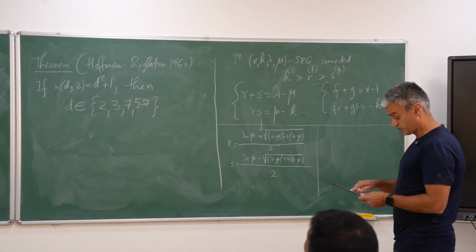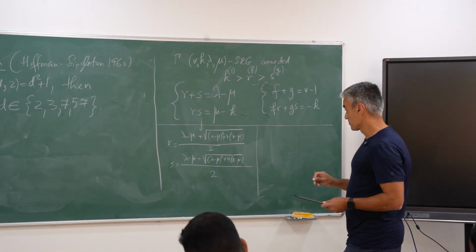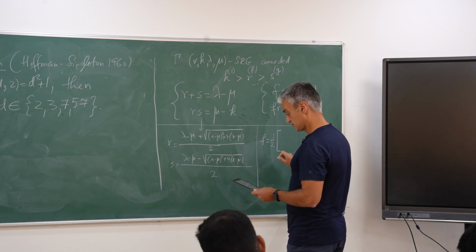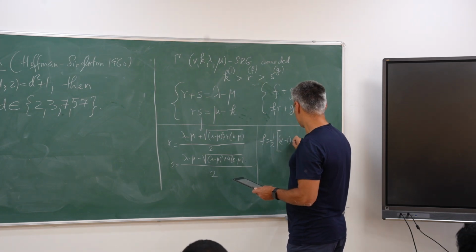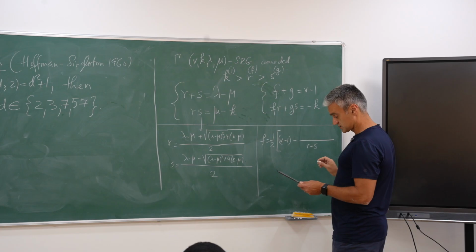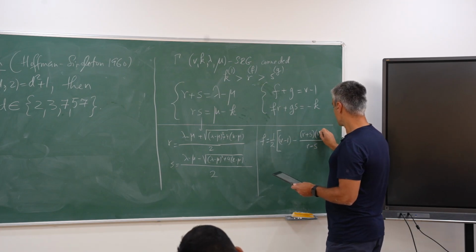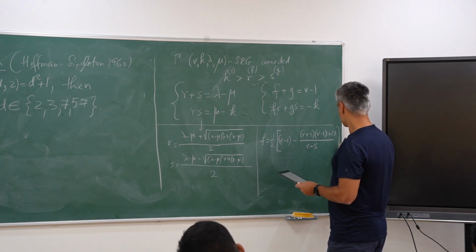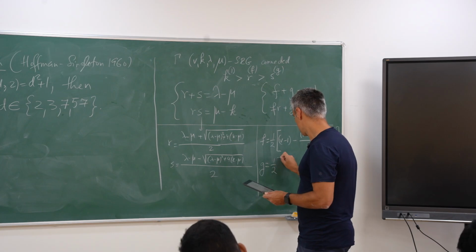So I'll just give you the formula, and then in the afternoon, if you're interested, we can calculate them. So f will be 1/2 of (v minus 1 minus a fraction with denominator r minus s, and numerator (r plus s)(v minus 1) plus 2k). So that's f, and that's g, 1/2.